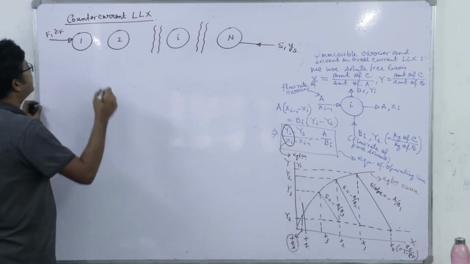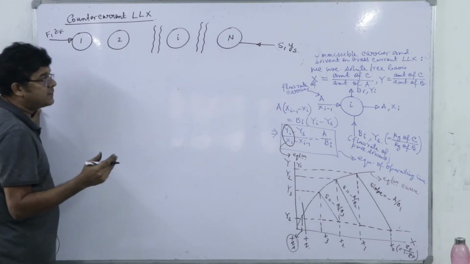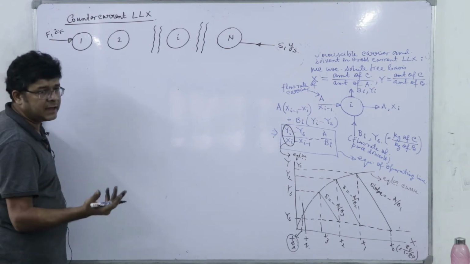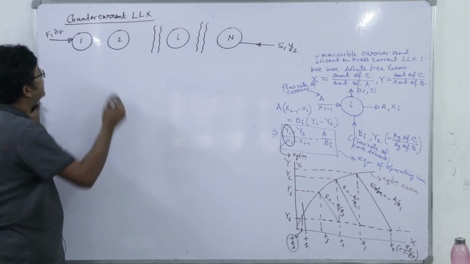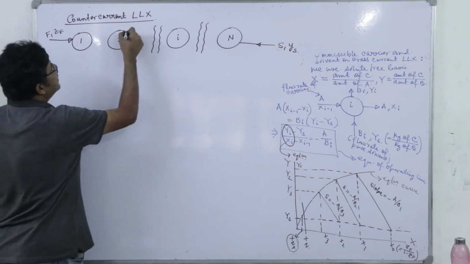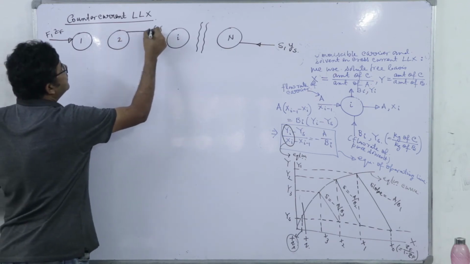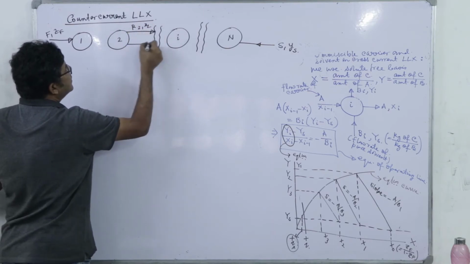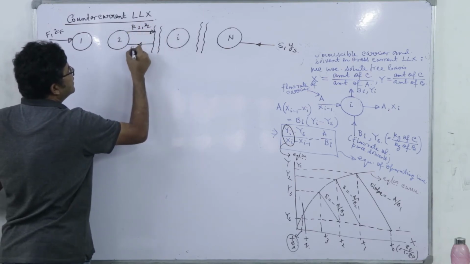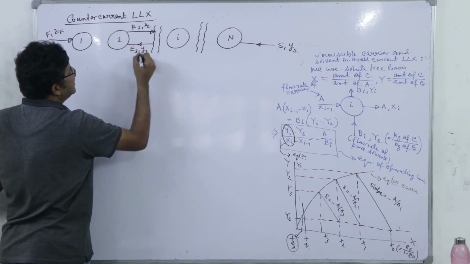So, you see that the extract from stage I will be used as a solvent in stage I minus 1, just like here. Here we are generating raffinate R2 X2, this is the extract from stage 3, E3 composition Y3.